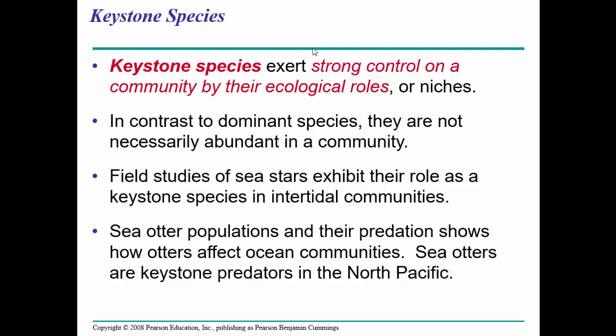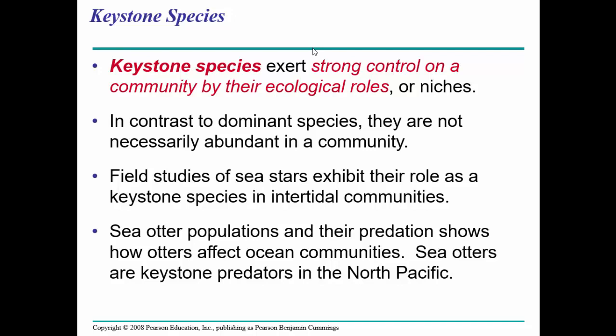Without them, the ecosystem will be imbalanced, in chaos, and have problems. In terms of number, they don't need to be dominant, and they may have a small number. But if they are very important, they become a keystone species.